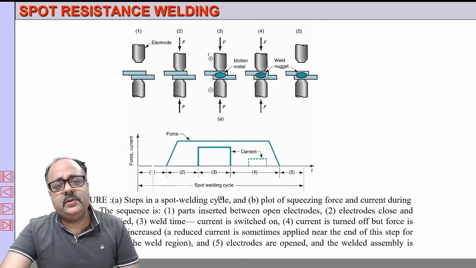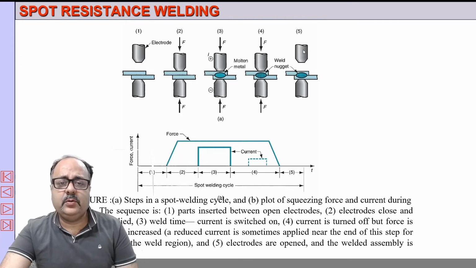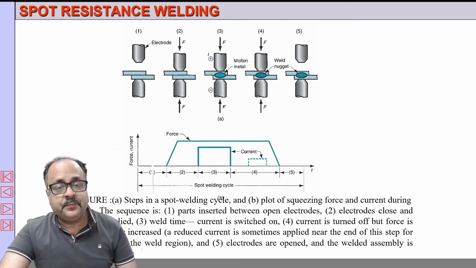the weld nugget will solidify, and after a certain predetermined period of time, which is the design time, we relieve the load slowly, and then we pull off the upper electrode. How much time does this take? Very little time, maybe less than a second or 1 or 2 seconds, depending on thickness, of course.